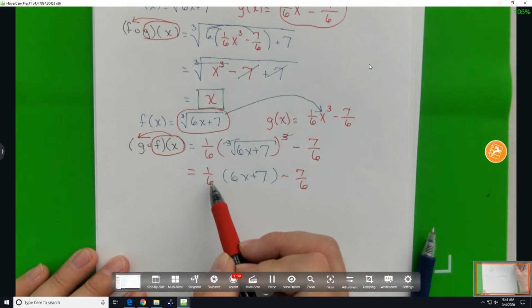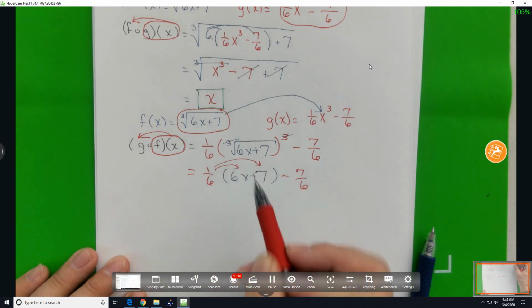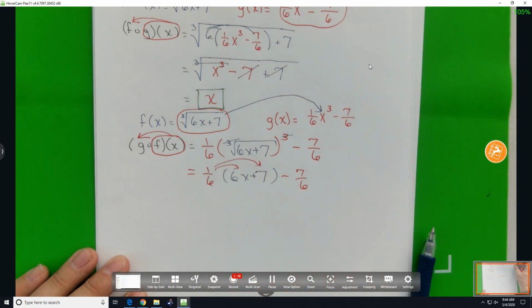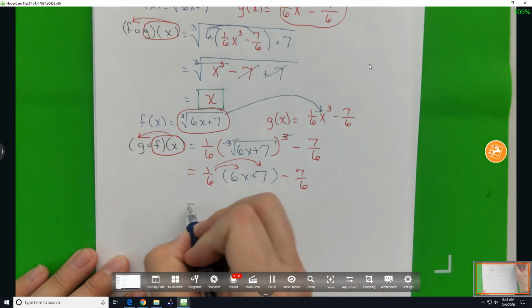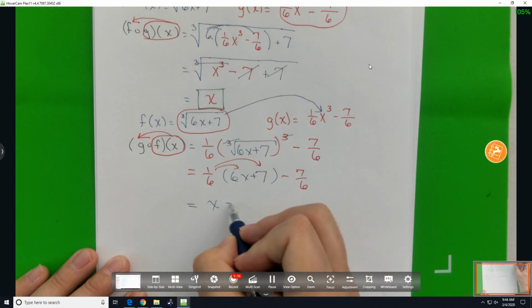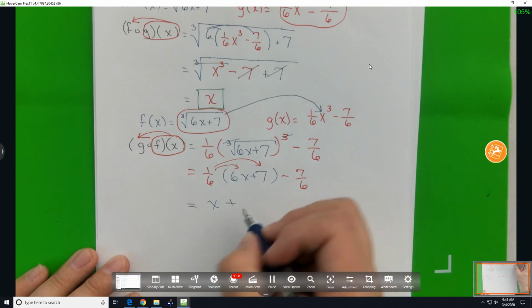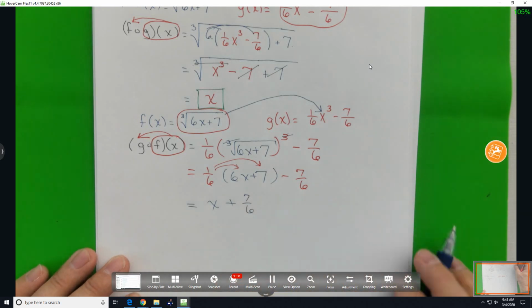When I distribute this 1/6 there and there, 1/6 times 6x, what am I going to be left with? Just the x, I agree, plus 1/6 times 7 is 7 over 6, and look at this.